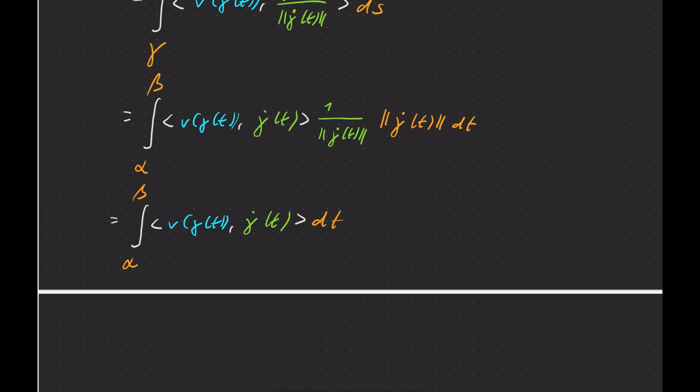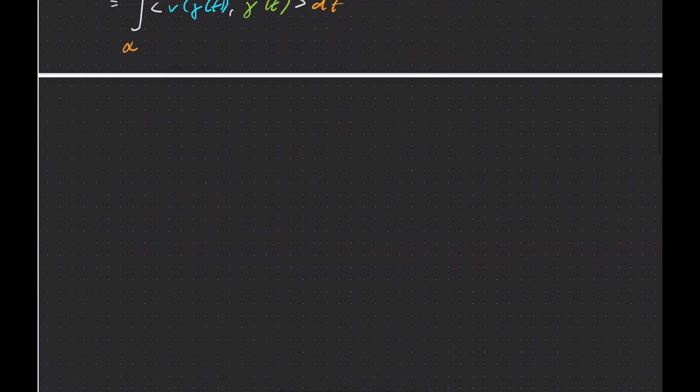So this is what happens when we integrate along a vector field. And that is why we define the line integral of a vector field along a curve in just this way. So that's the definition.